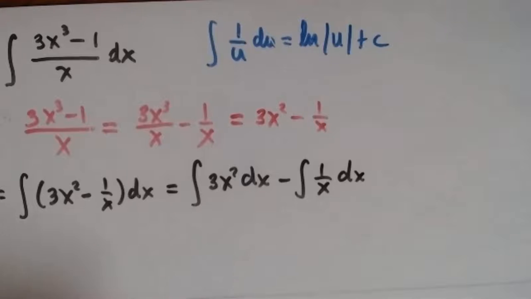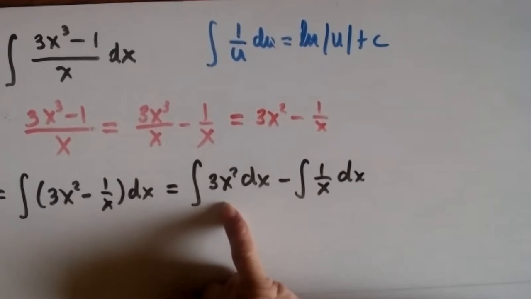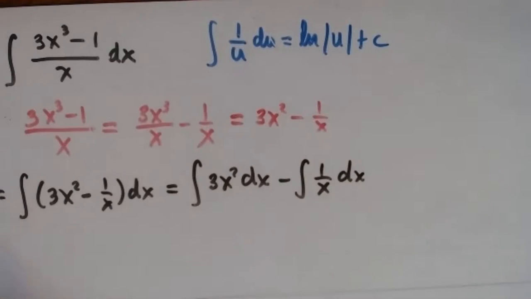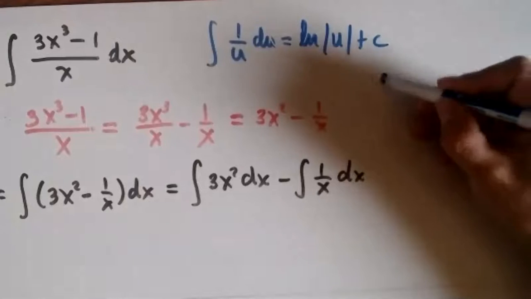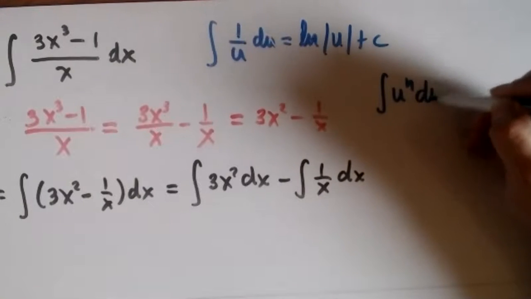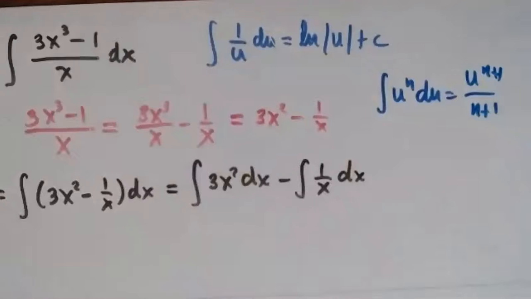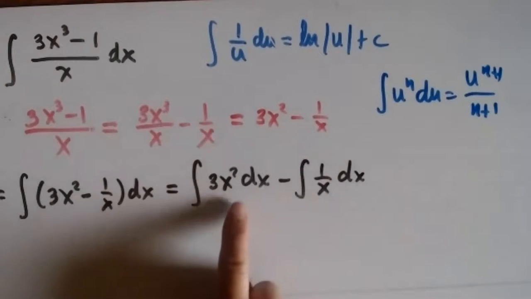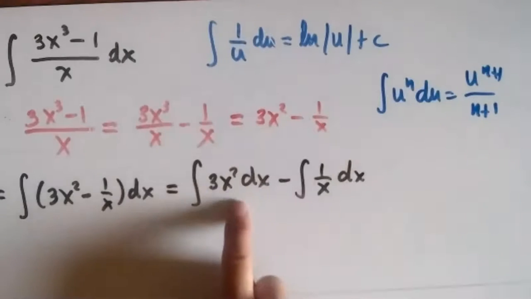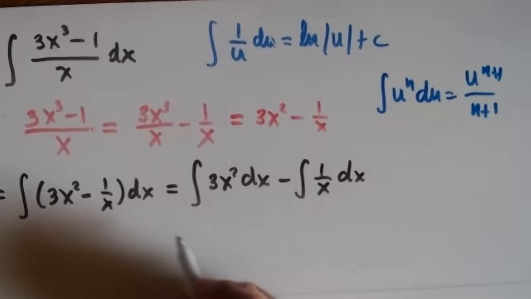Now this is a power. I have to remember my power rule. The power rule is the integral of u to the n du equals u to the n plus 1 over n plus 1, correct? I have a power, so this integral is easy.